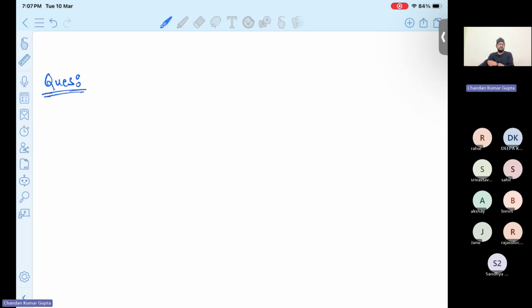The next question is: a plastic casing for a magnetic disc is composed of two halves. Okay, the question is given.